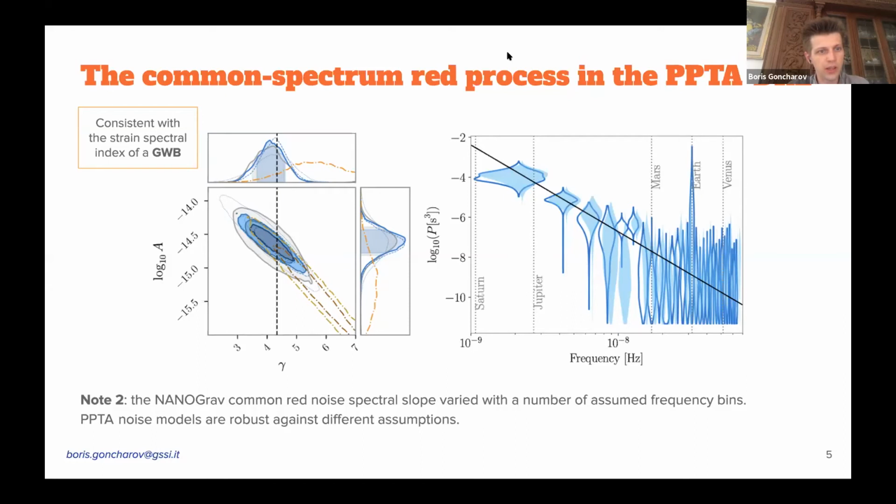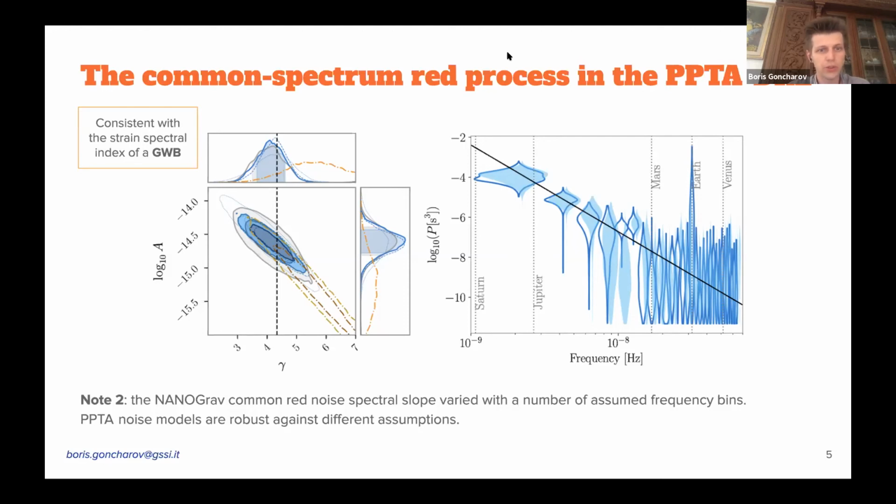The amplitude is on the y-axis and the power law index is on the x-axis. You can see that there is a dashed line that represents the expected power law index of the stochastic gravitational background from supermassive black hole binaries, which is what is expected to be the first source of gravitational waves detected with pulsar timing arrays.